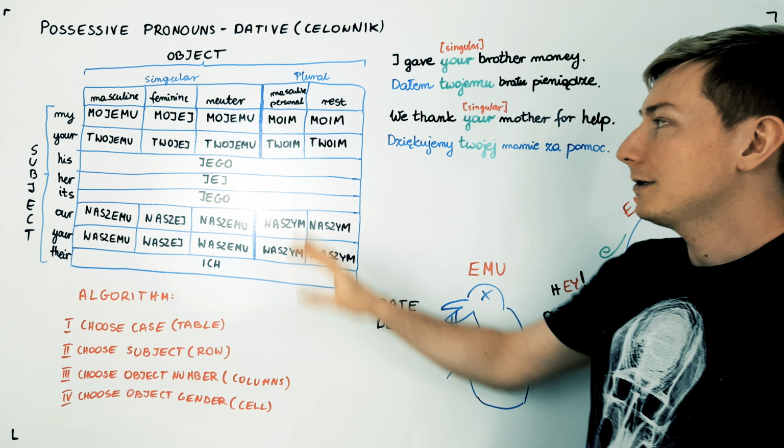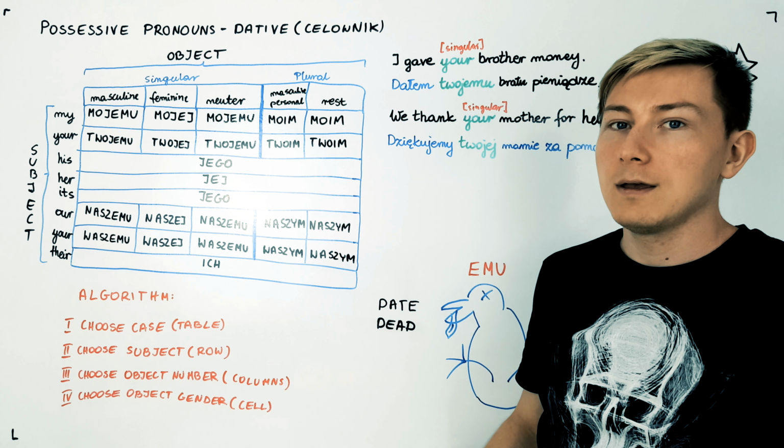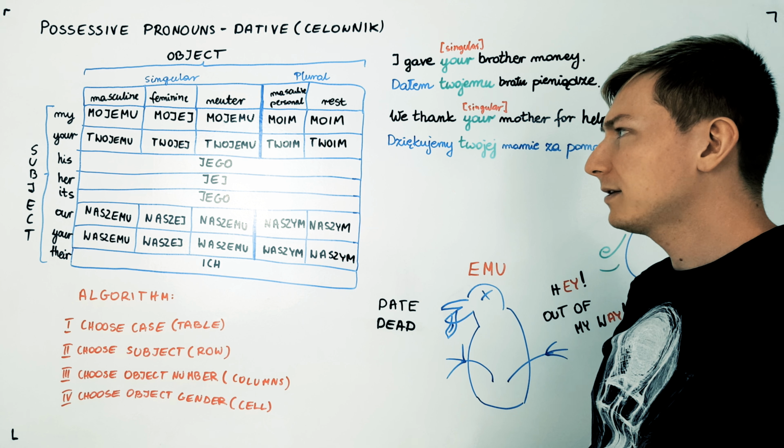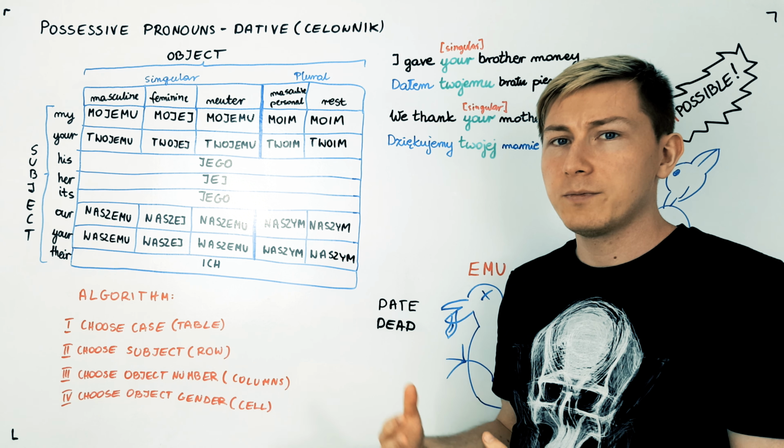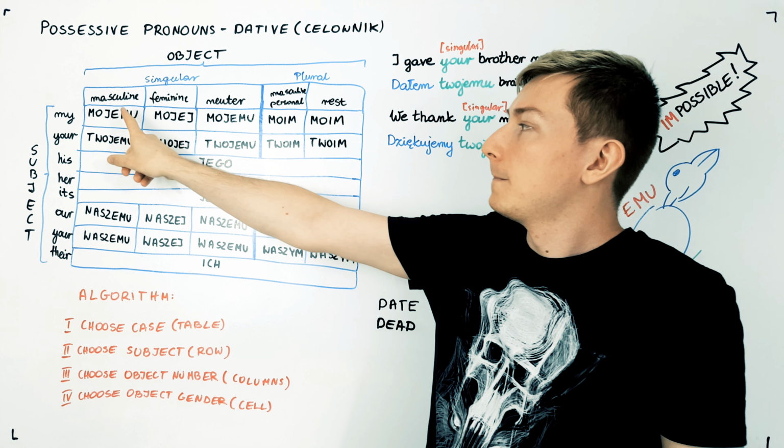So now let's focus on this table and let's see how we can remember it. But firstly, maybe let's read all the possessive pronouns. Repeat after me.